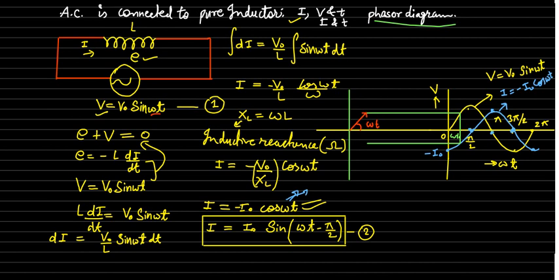Now for the current, it is given as omega t minus pi by 2. So which one is ahead, voltage or current? Voltage is omega t and current is omega t minus pi by 2. Voltage is ahead, it means current is lagging behind by angle pi by 2.